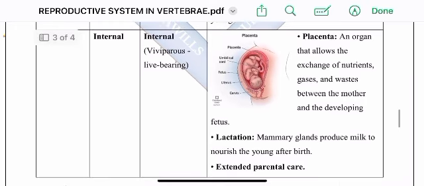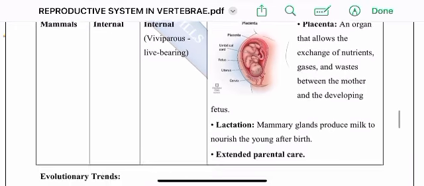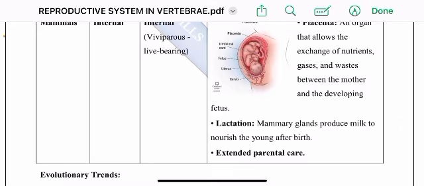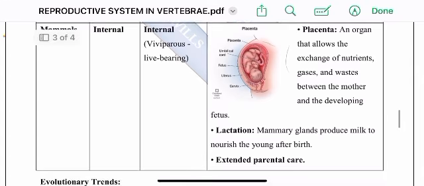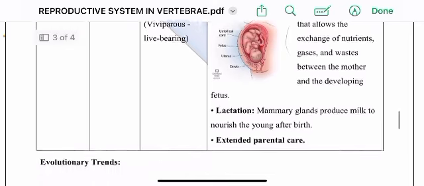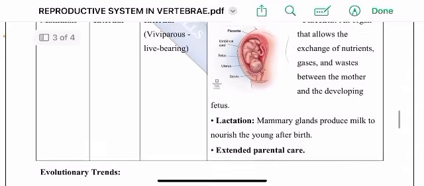And this organ is called the placenta. And this organ is also delivered along with the baby. It's a cord that connects the baby and the mother. The umbilical cord.